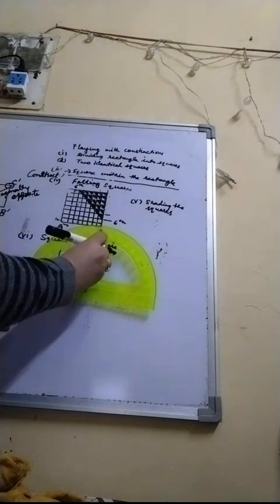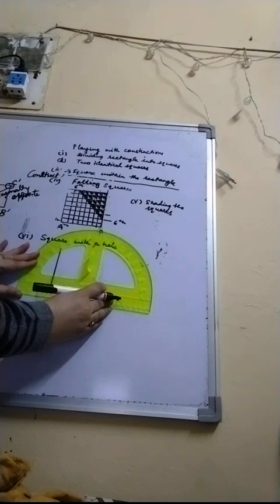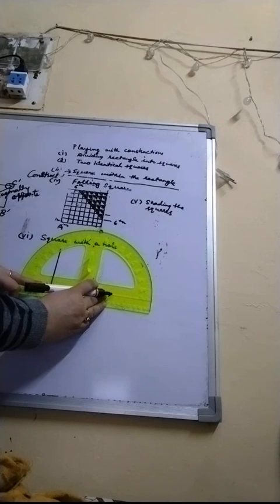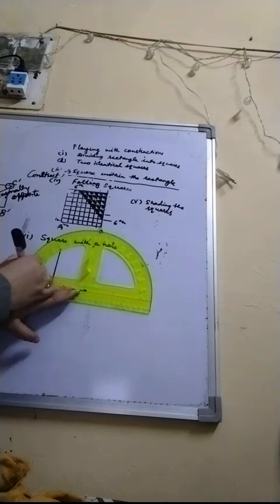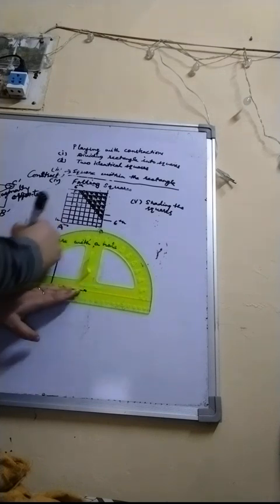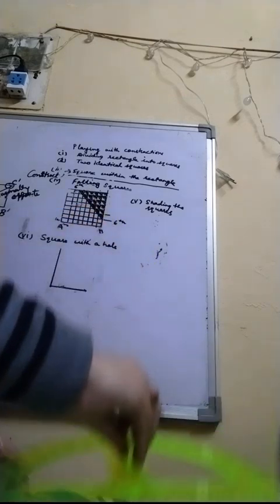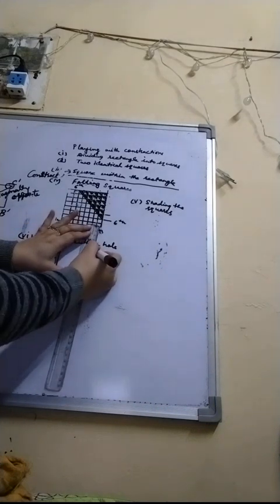Similarly, put the center at this point, align with second vertex, alignment is towards left hand side. Count from left hand side from 0 reading, 0, 10, 20, 30, 40, 50, 60, 70, 80, 90. And you get the second standing line.